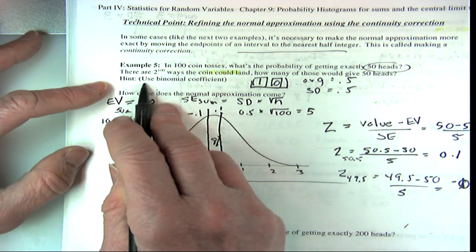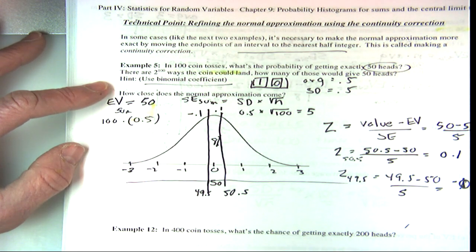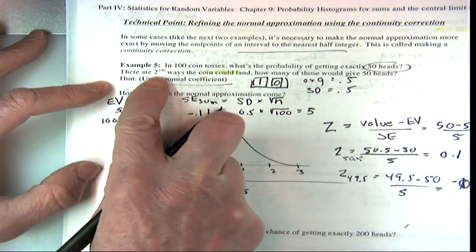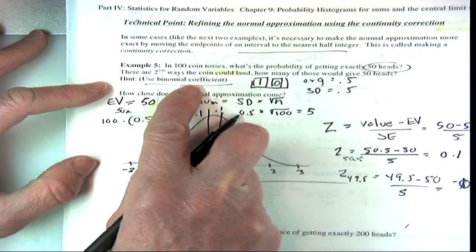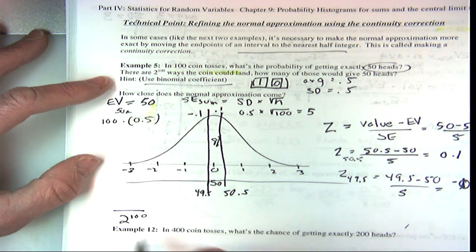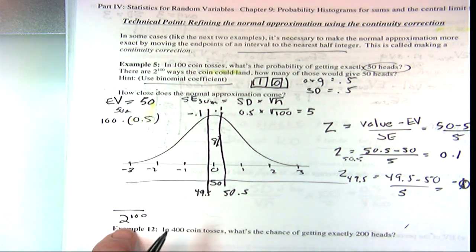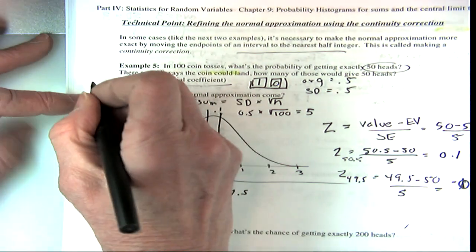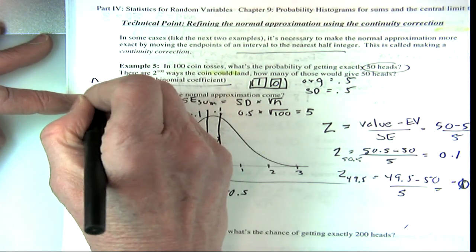And we could use this binomial coefficient. Let's see if we come up with the same thing. So the other way we could do it would be using this binomial. Out of the two, there's 2 to the 100th ways it could fall. How many of them, this binomial coefficient right here, remember it's n choose k.